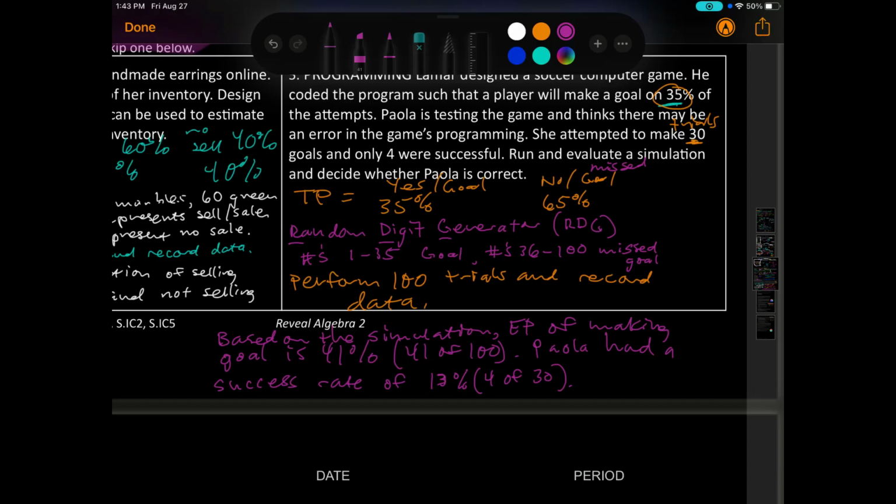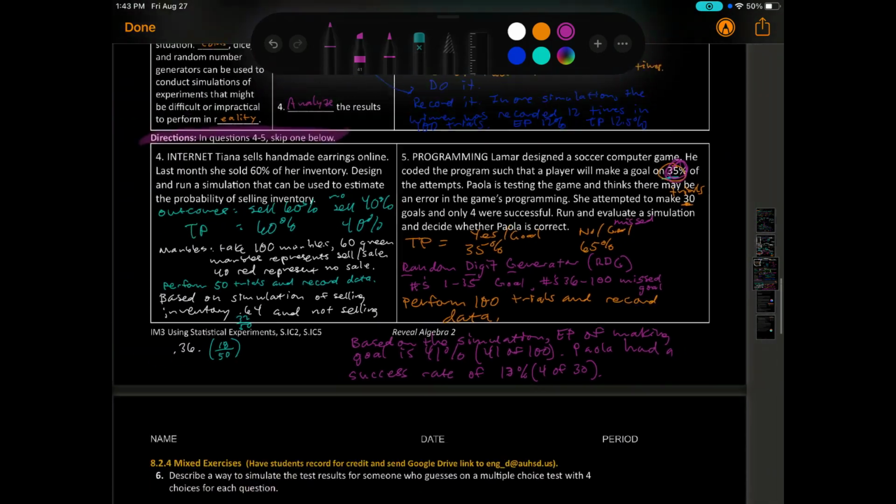So Paula could say your game's rigged. I only got 13%, and you're getting it at 41%, and you're telling them it's supposed to be 35%. But the law of large numbers says if you keep doing the simulation, we're going to go towards the 35% that Lamar kind of designed it to be.